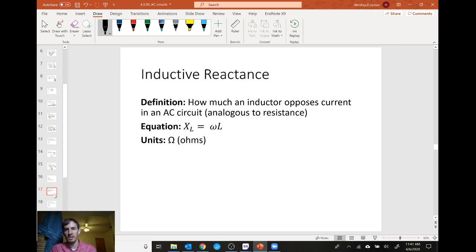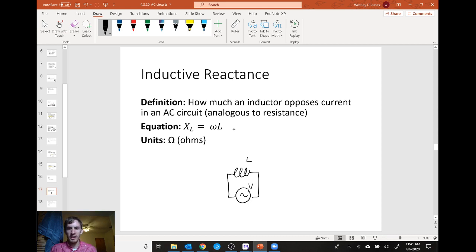But what are we going to be using it for in this class? So quickly, we'll talk about inductive reactance. Remember that the capacitor acted like a resistor? Well, if we have a circuit with an AC power supply and an inductor, it turns out we can basically treat this inductor like a resistor, just like we did with the capacitor.